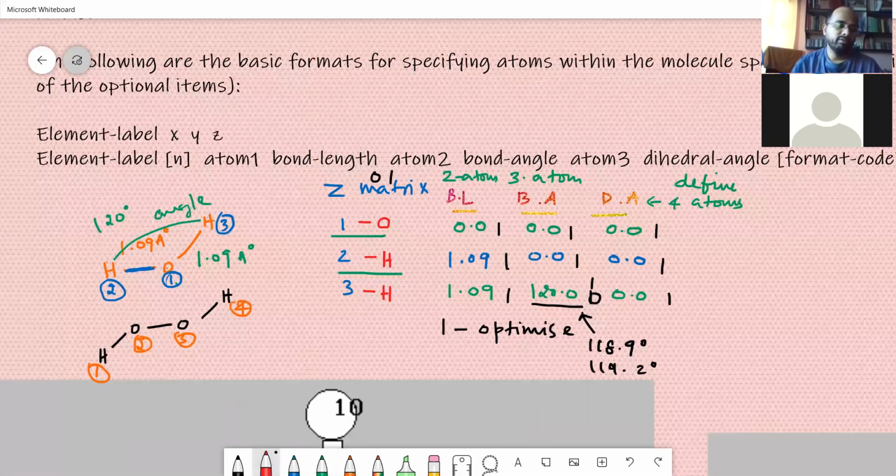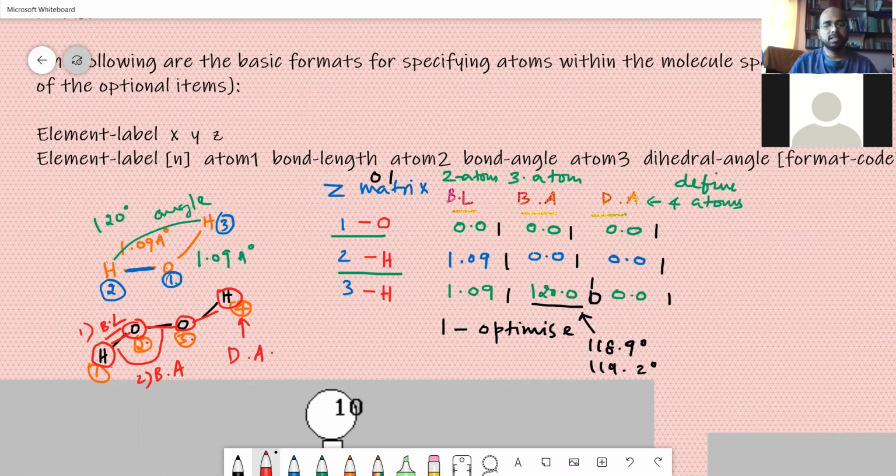When you get 4 atoms, you can define the bond length here. Between the first, second, and third, you can define the bond angle here. Bond length, bond angle. Between 1, 2, 3, and 4, you can define the dihedral angle.